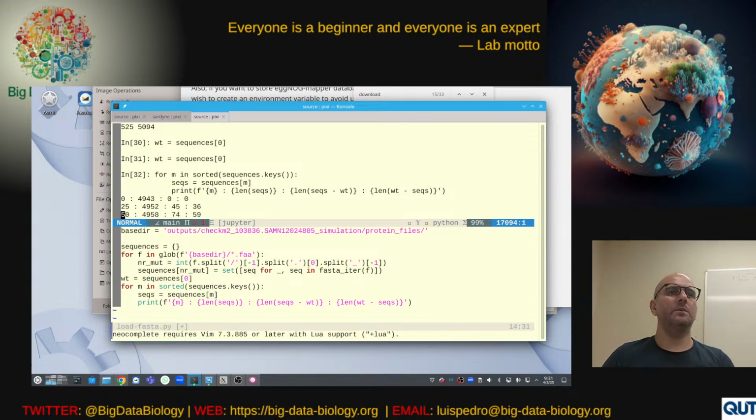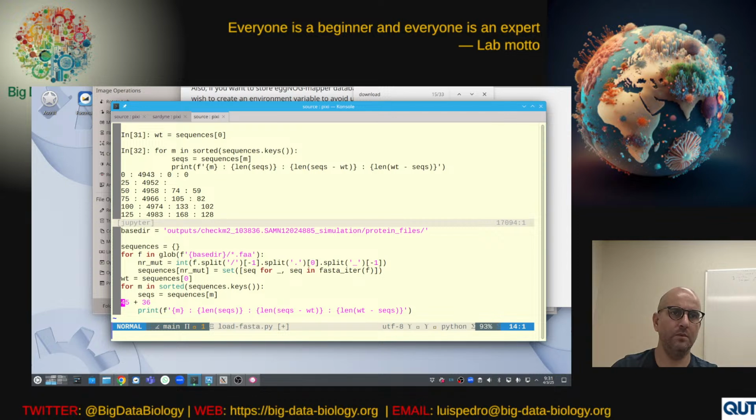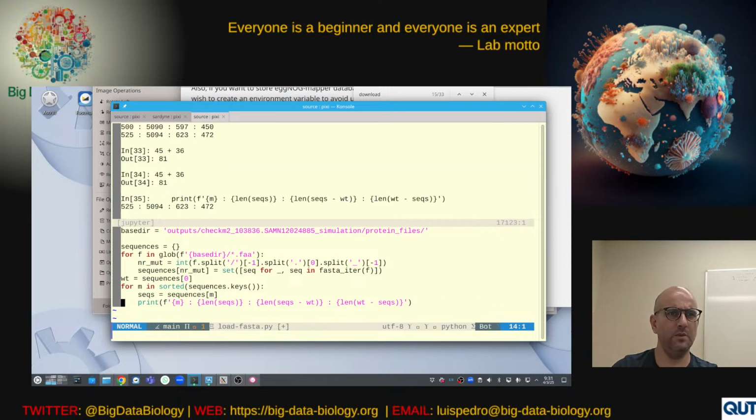Okay, there's something here I don't understand. If there are 25 mutations, does it impact 45 sequences, or actually 45 plus 36 sequences? How does the math work?